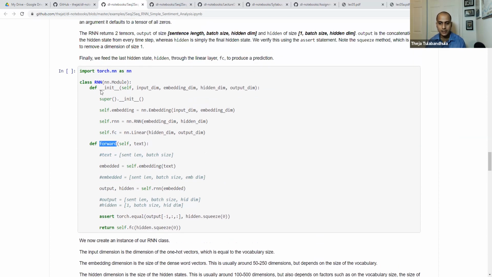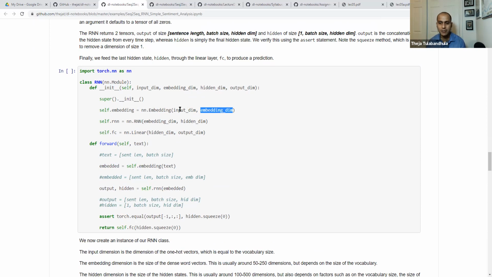The init function initializes a bunch of things. First is the embedding layer. We're just calling it an embedding layer, but it takes the input dimension and embeds your input to an appropriate embedding dimension.